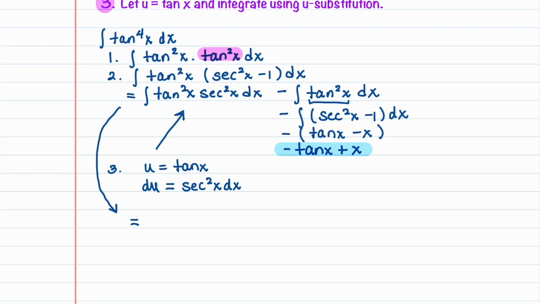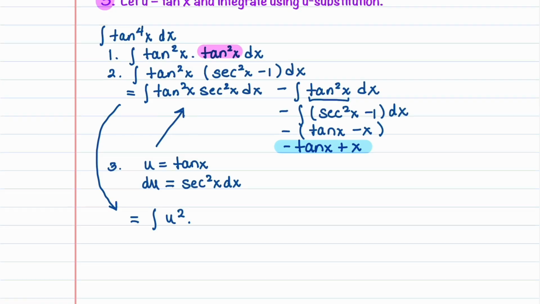We have now the integral tangent squared, so that's u squared, and then secant squared x dx is du. So this becomes u cubed over 3, and then u is tangent, so we have 1/3 tangent cubed x. And that's our first piece.